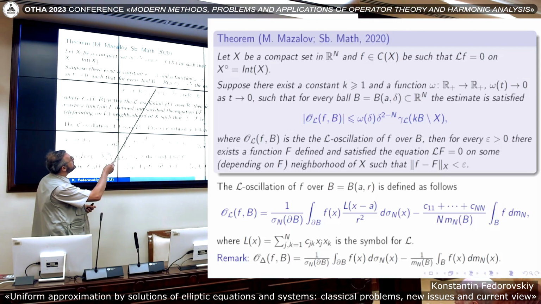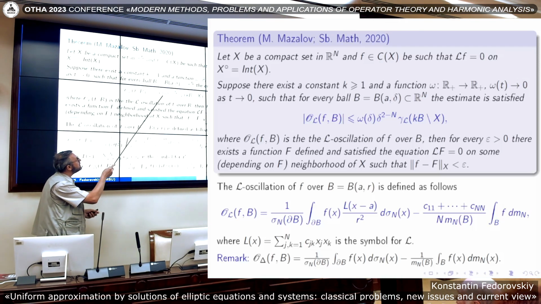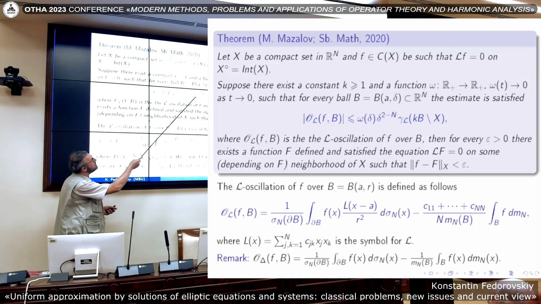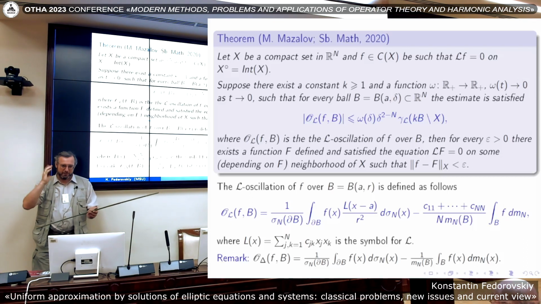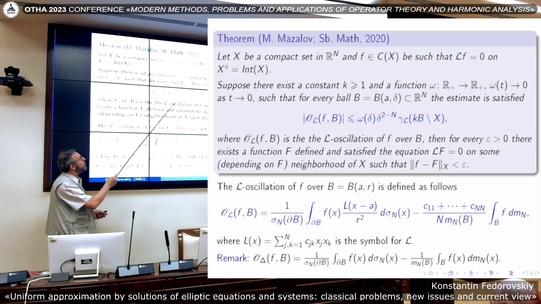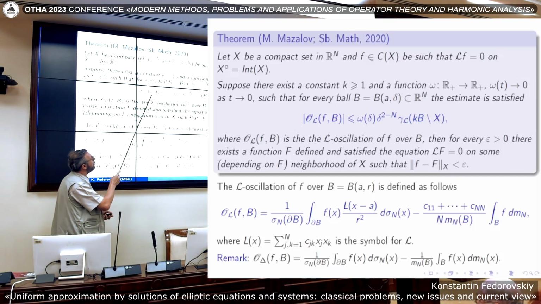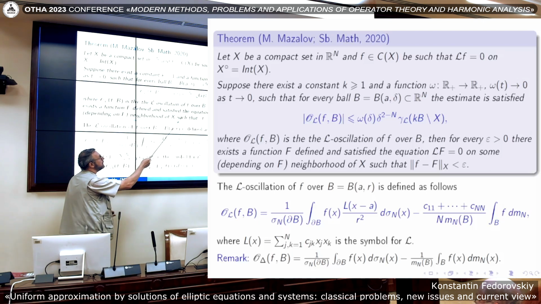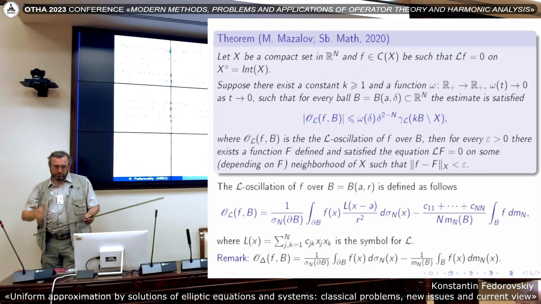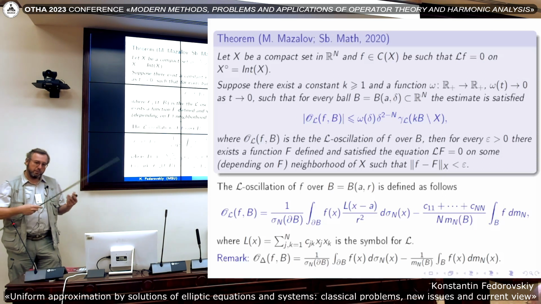And of course, there are technical items like a modulus of continuity, some delta related to the dimension. But the important thing is that if we are able to control the mass of singularities of our function by the total mass of singularities of the functions which we use as approximants, then the approximation is possible.